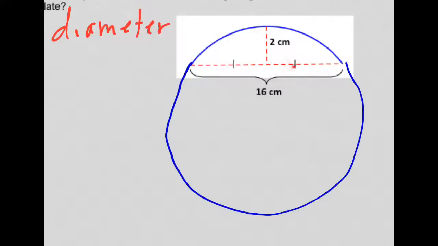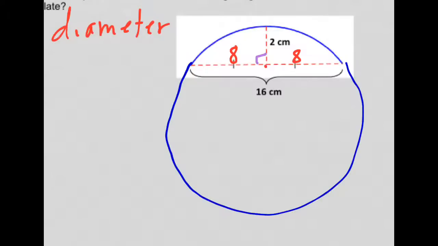But I see that this is bisected. This and this are the same. And so I'm going to say that this side is 8 and this side is 8. And also I'm going to say that this is a right angle right here. It's not given to us, but I'm just going to tell you right now that that's a right angle.